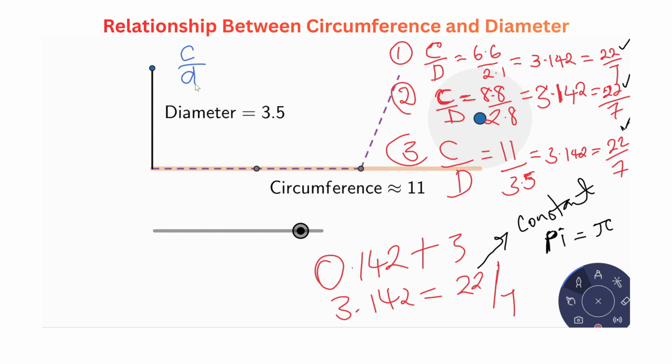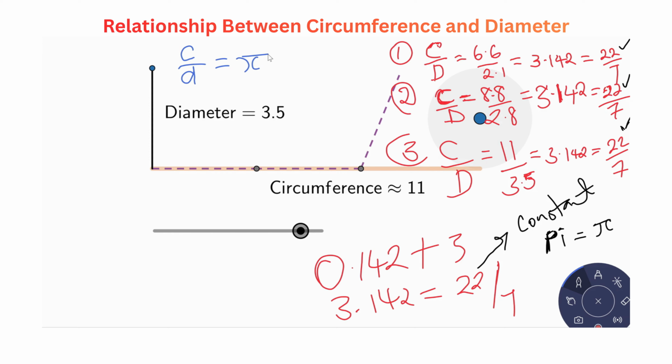When you divide the circumference by the diameter, what you get is 22 over 7, and 22 over 7 is a constant. And that constant in maths, we call pi. And since in maths we are lazy, we use a symbol to represent that pi, and it is represented this way.